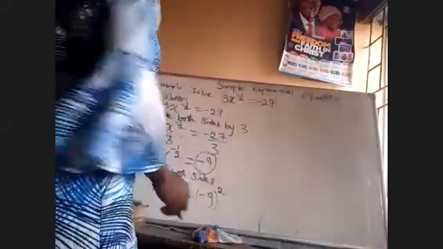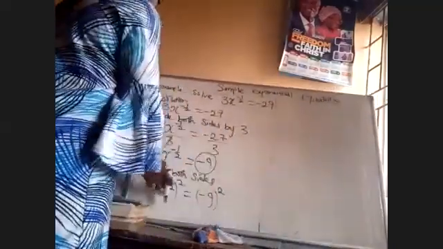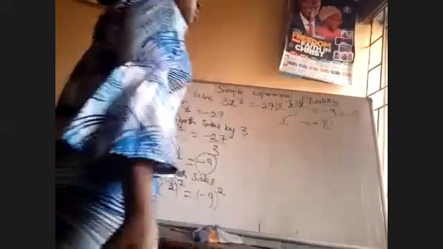This gives us x raised to minus half times 2, which is minus 1, equals minus 9 times minus 9, which is positive 81. So we have x raised to the power minus 1 equals to positive 81.